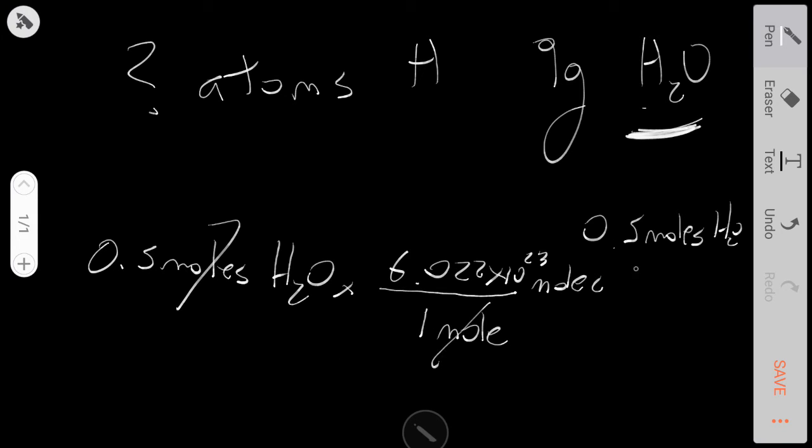Moles are going to cancel out. On your calculator, if you multiply 0.5 times Avogadro's number, you should get that you have 3.011 times 10 to the 23 H2O molecules.